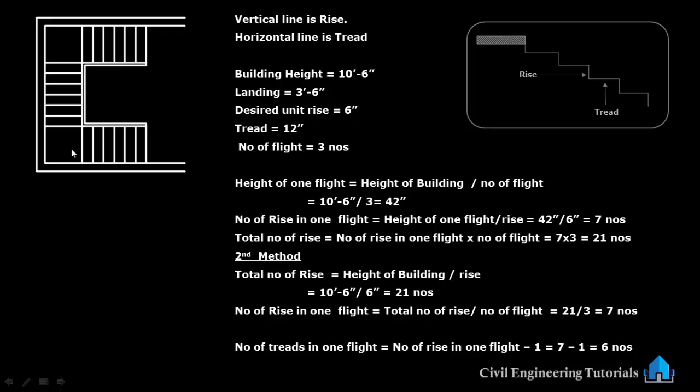Okay, here also you can see 1, 2, 3, 4, 5, 6, 7 numbers of rise. So tread will be minus 1. Between 2 riser it's 1 tread, 1, 2, 3, 4, 5, 6. So number of tread in one flight is number of rise in one flight minus 1. So number of rise in one flight 7 numbers minus 1, that is 6 numbers.